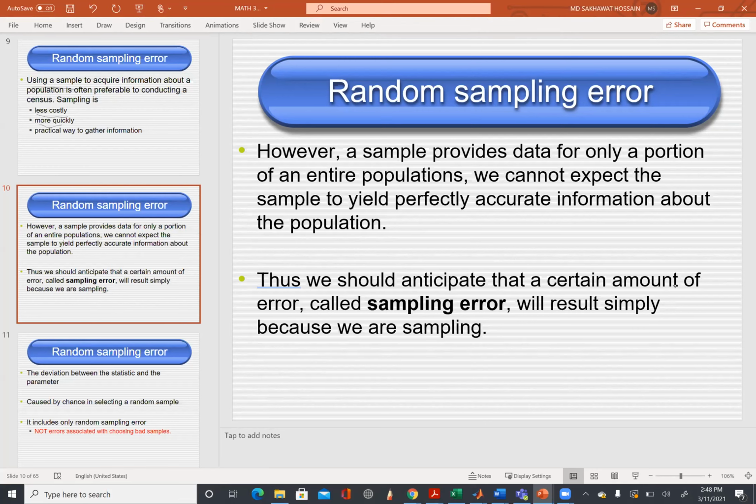So if we make inference about the average of 53 students based only on the average of 10 students, they will not be the same. There is some error. The difference between the parameter and the statistic is the sampling error. And if we collect the sample randomly, it will be called random sampling error.